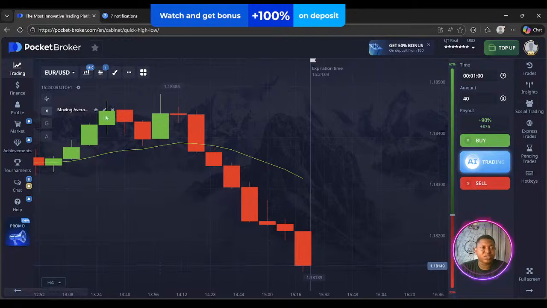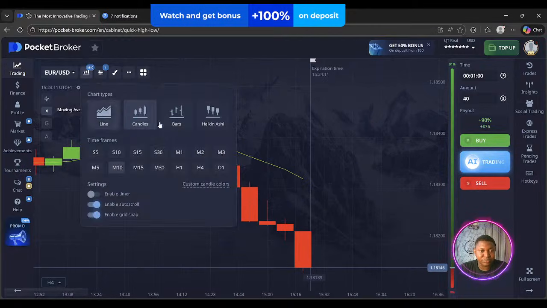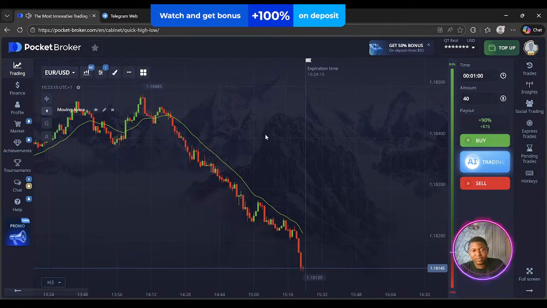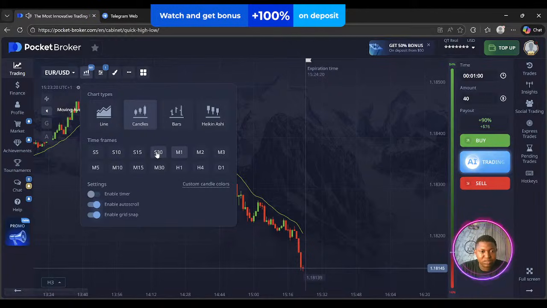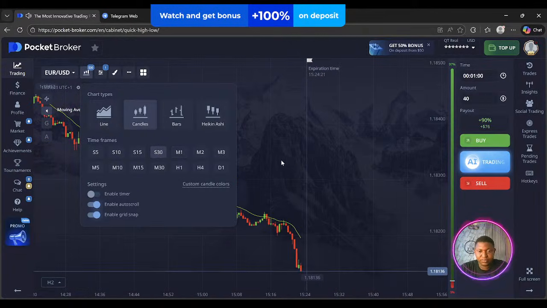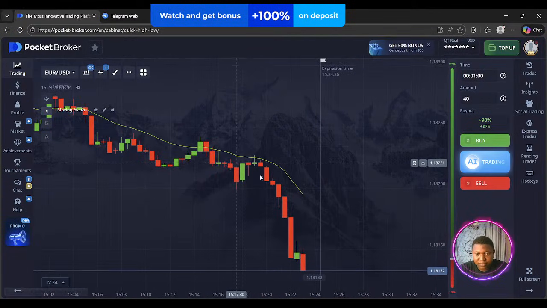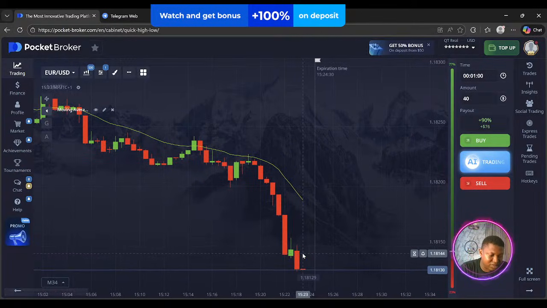So this gives us every indication that the market is still going down. Let's check the 30 seconds time frame. The market is going down, still going down, the market keeps going down.